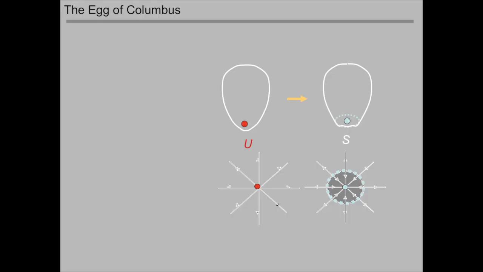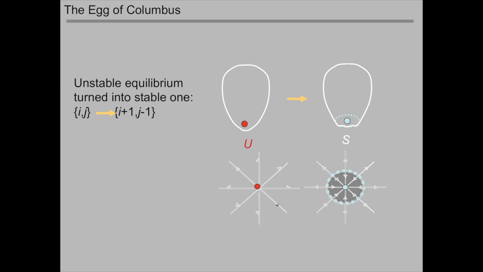Now, in mathematical terms, what he did, he added a new equilibrium point. It used to be unstable. He turned it into a stable one, and he added other points around it. The main idea is that if you do small changes to a body like that, you can always add new points.